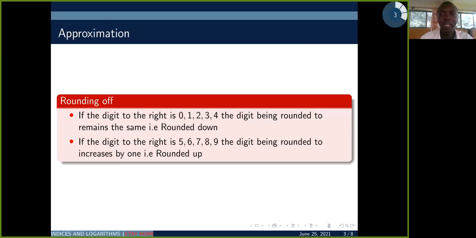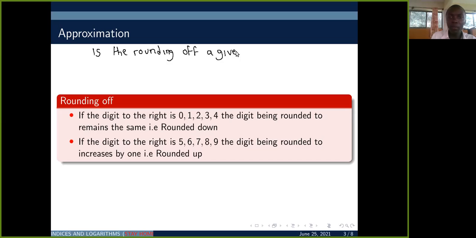The first thing we are going to look at is what we call approximation. What is approximation? Approximation is the rounding of a given number to another number close to it.